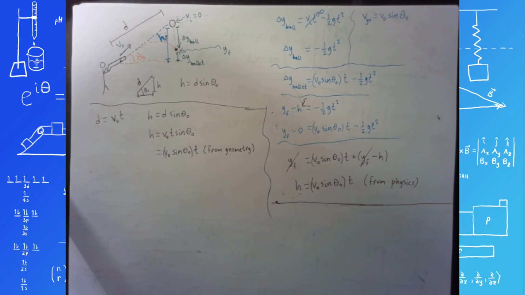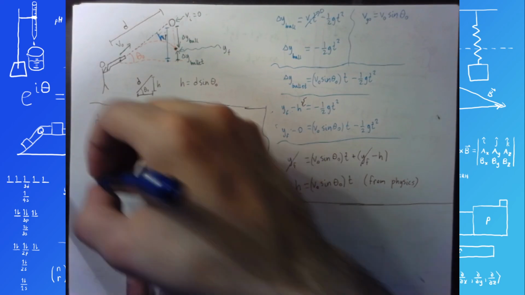And when it strikes the ground, its coordinates are capital R, comma, 0, where capital R is called the horizontal range. Part A says, show that the projectile reaches a maximum height given by h equals v0 squared times sine squared of θ0 over 2g.